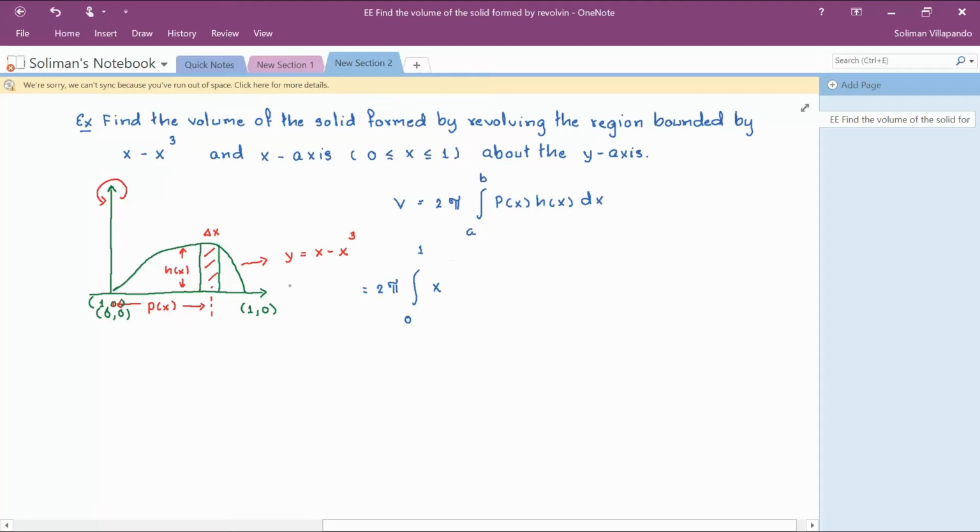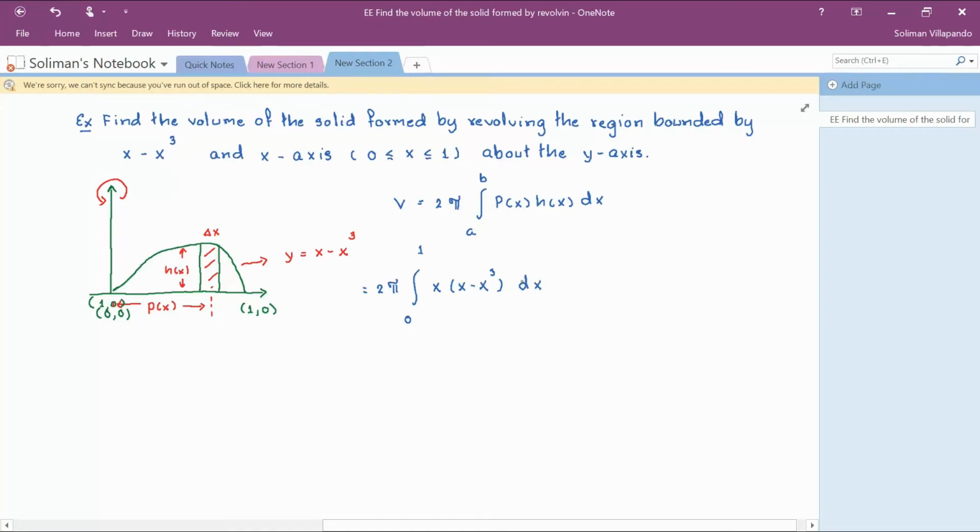Times the height. The height here is the height of the rectangle. At this point it goes from the x-axis to the graph, and the graph keeps changing. So it's going to be x minus x cubed, the distance from the x-axis to the graph, where the function is x minus x cubed. The thickness is delta x, we can use dx.